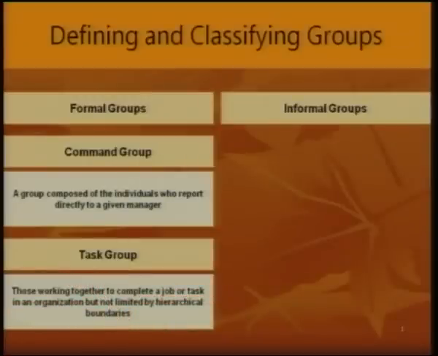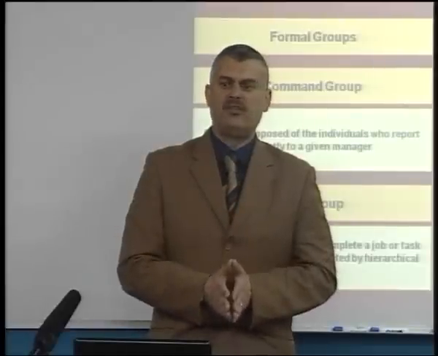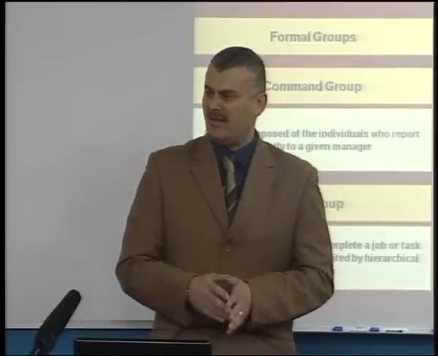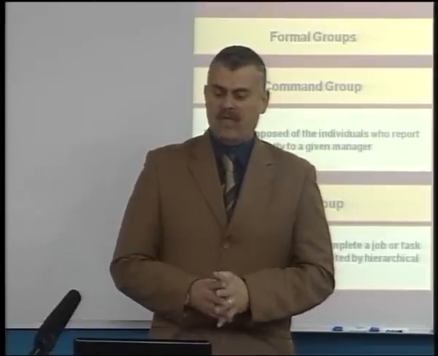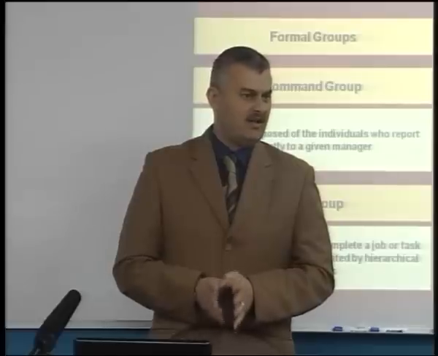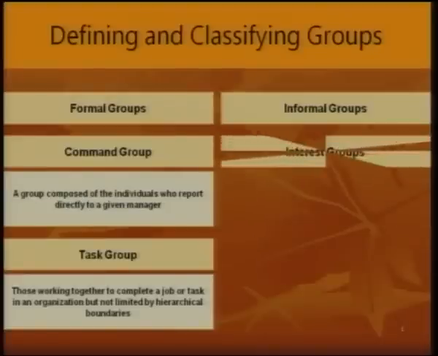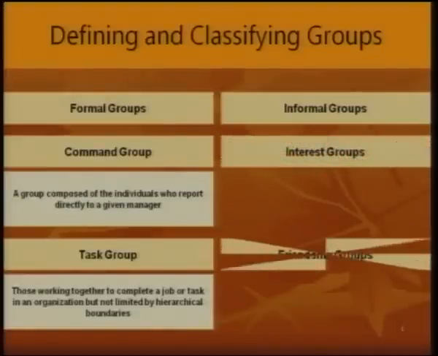So those both are formal groups. Those groups are identified by the organization. They are placed in the organizational structure. They are determined by the management and so on. Now, on the other hand, there are the informal groups. Here again, there are subtypes of informal groups. One of those is interest groups, and the second one is friendship groups.